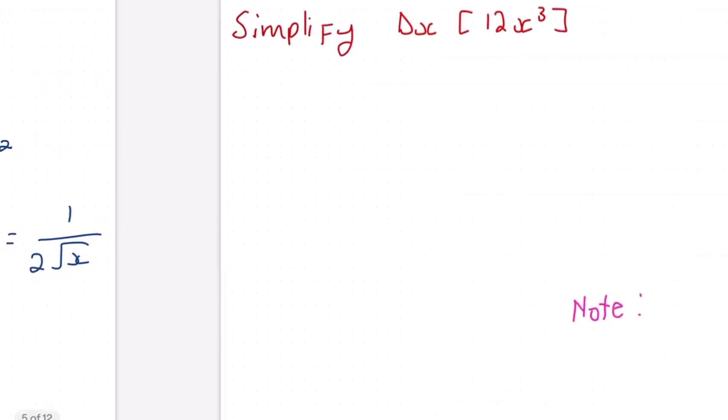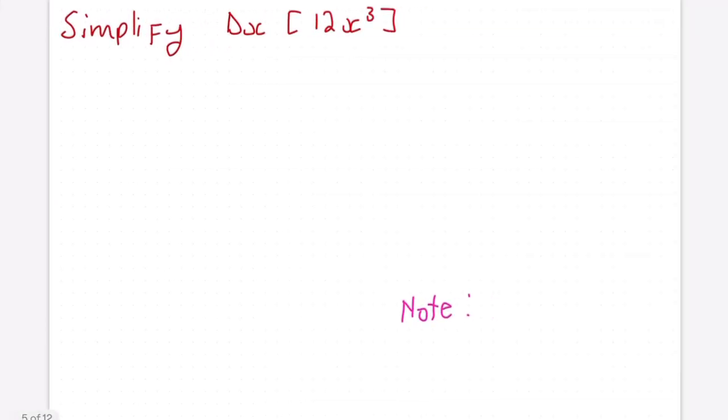Now, y and f of x are not the only forms of notation that you have to learn. There are 2 more. Sometimes you will be given something that looks like this, a funny looking capital D subscript x. Now, this D x is an instruction to derive whatever is inside the brackets in front of it.